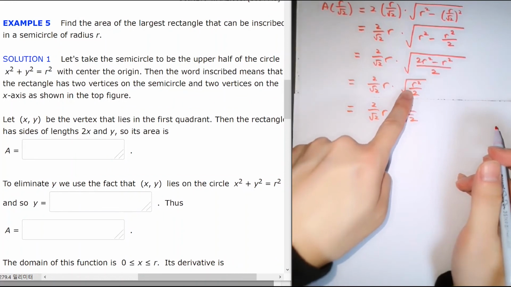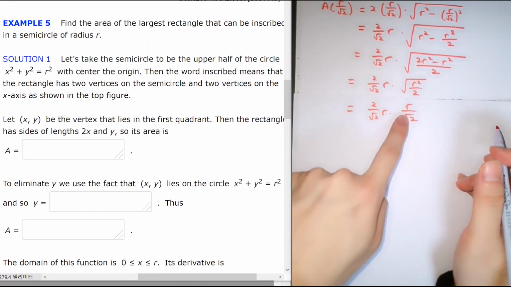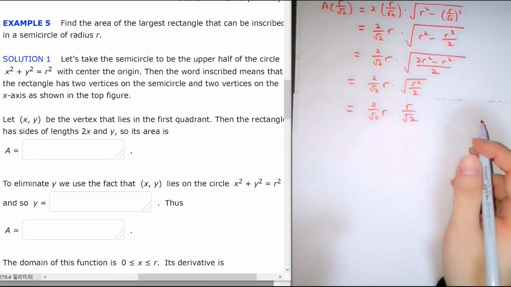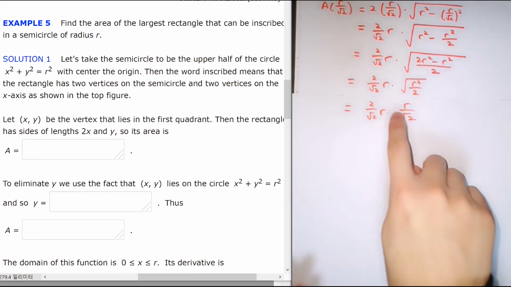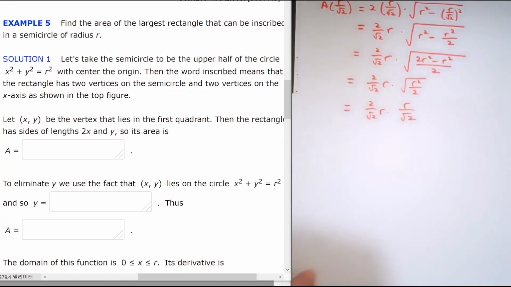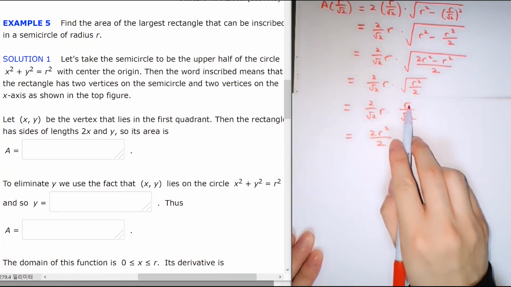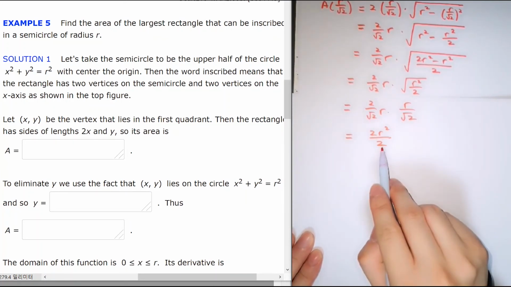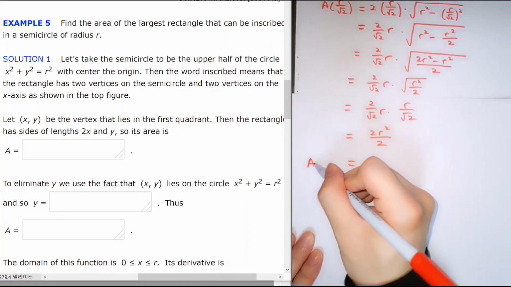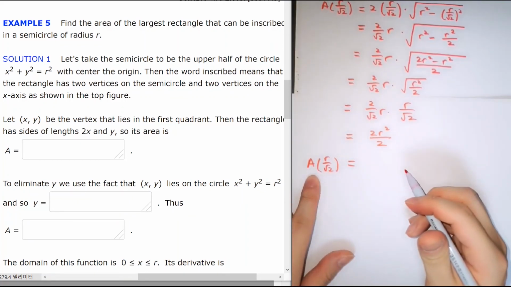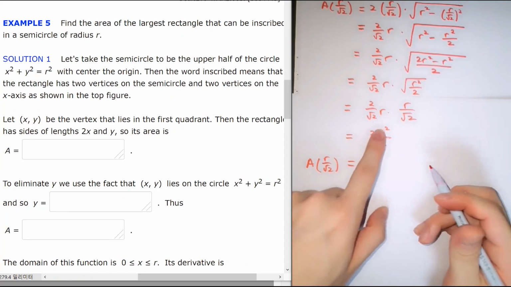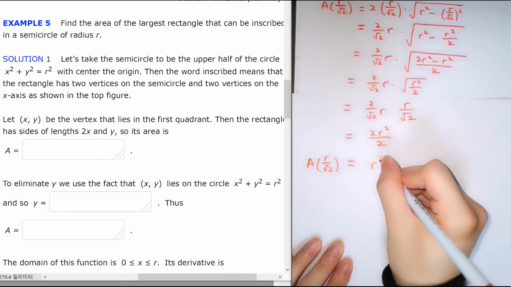Then we have root r squared over 2 becomes r over square root of 2. The good news we have is we can now combine this and this together to make it 2r squared times by 2. And finally, our area with the critical number is actually a very simple number, r squared.